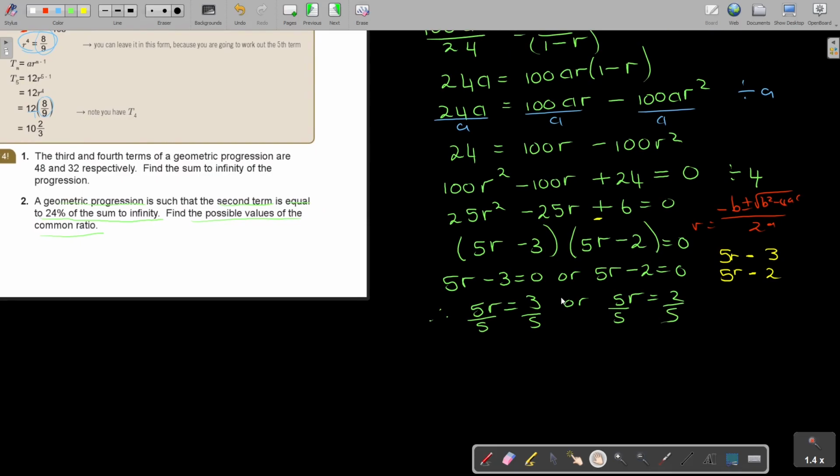That's why they said, find the possible values of the common ratio. So it was not 1, it was 2. So therefore, I always like to end in red, r equals 3 over 5, or r equals 2 over 5. And that's my final answer.